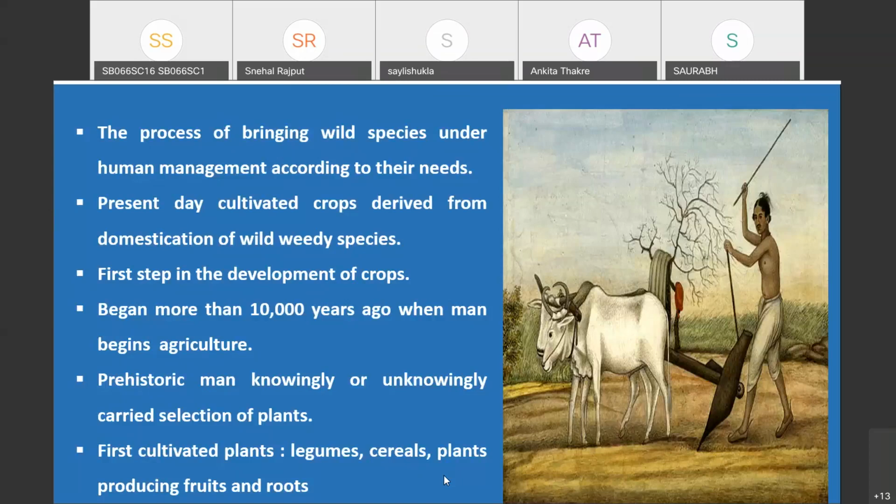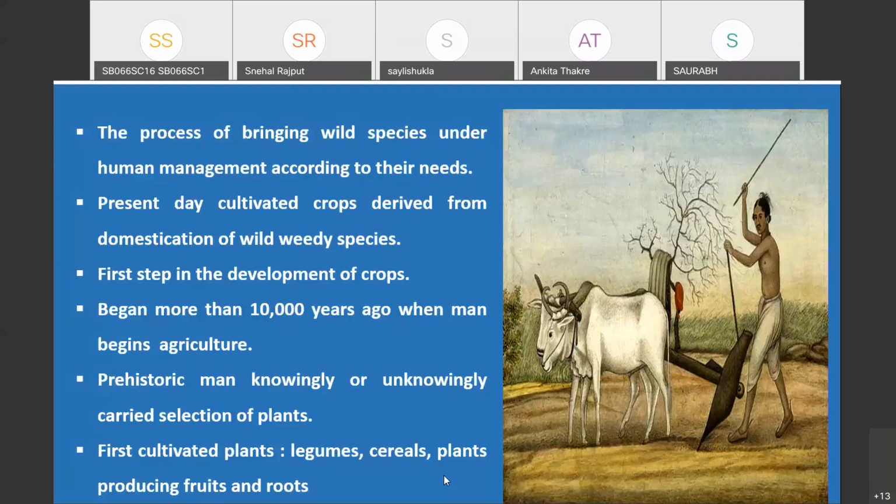All the crops which are used for cultivation in the present day are derived from the domestication of wild weedy species. That means all the crops which we cultivate in the field, any type of cereal, millet or pulse.